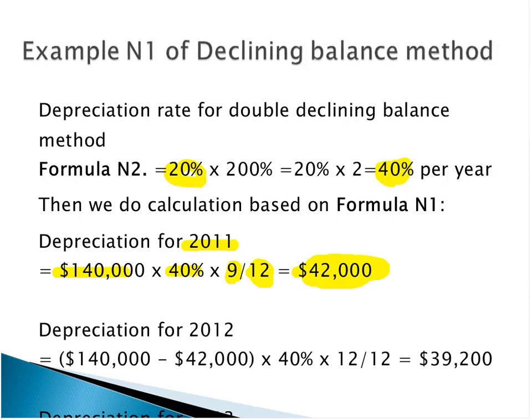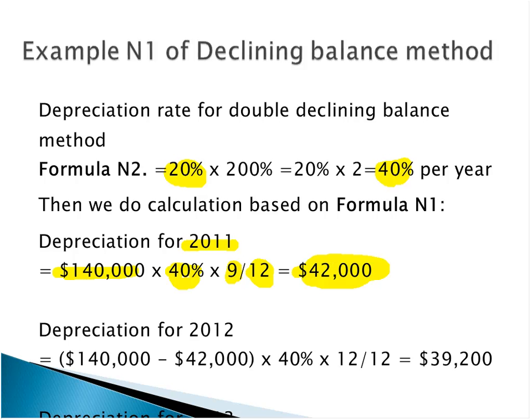Any questions so far? So first, we have to get the original cost of the equipment, which is equal to 140,000, right? Then multiply by the depreciation rate, which is 40%. Why? Because we doubled the percentage from the straight line, which was 20% only.